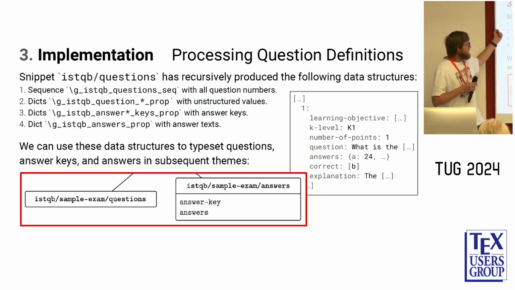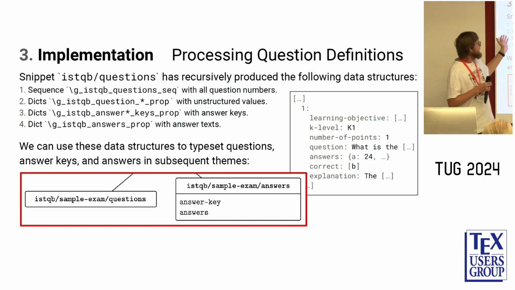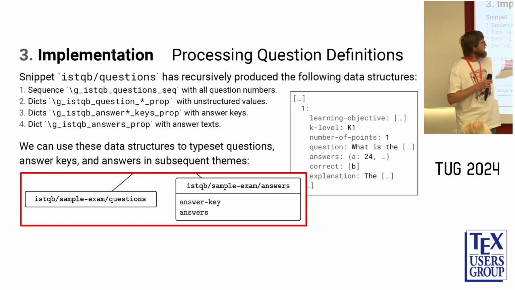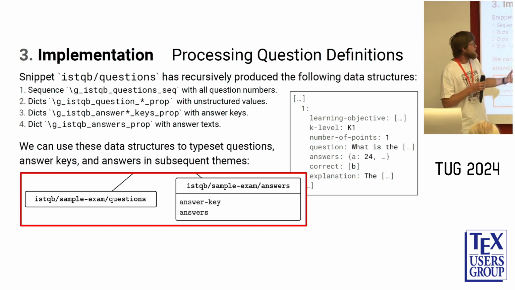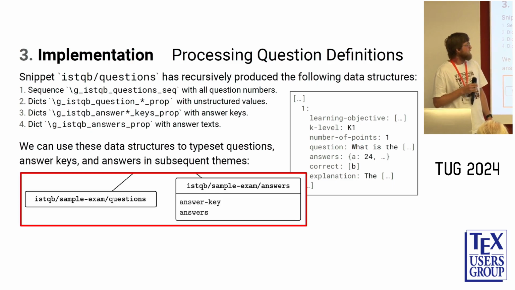After it has run its course, we have a sequence with all question numbers. We have a property list with all the unstructured values, such as the learning objective or the number of points or the question text. We also have the property lists with possible and correct answer keys and also the answer texts.